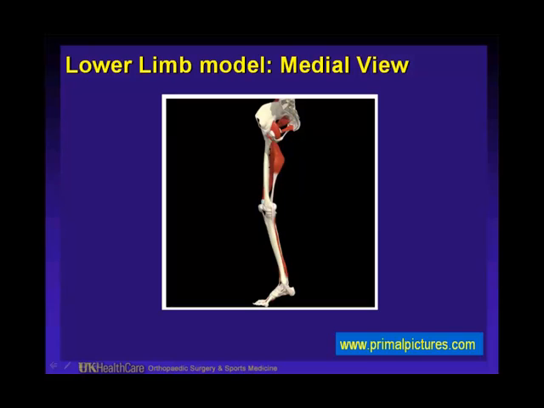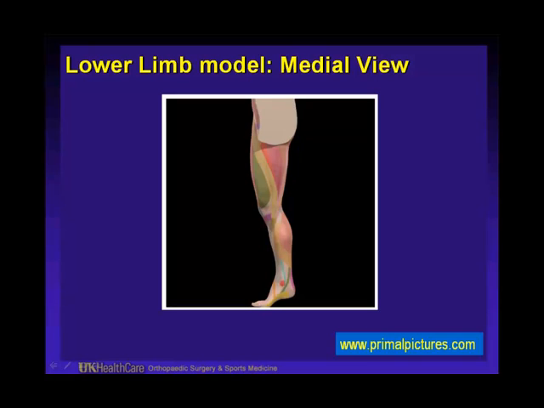Add our musculature, adding the medial hamstrings, sartorius, gracilis, semimembranosus, and then the last one, semitendinosus. Add the quadriceps anteriorly, vastus medialis obliquus, rectus, calf musculature, hip musculature, and then the inside sensory dermatome distribution.